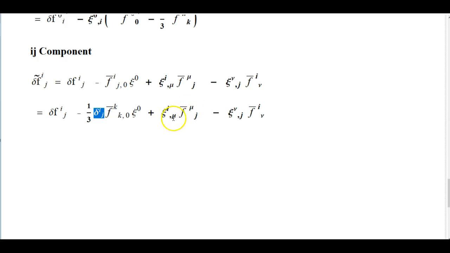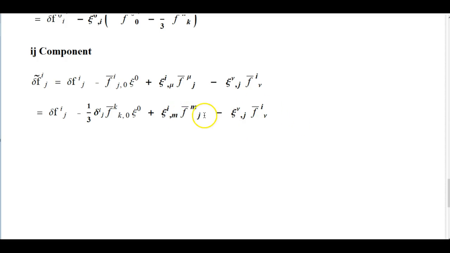Now coming to this part, f bar mu j. First thing is that when I contract on mu, the first term that comes out after contraction will be the 0, 0 component, and the 0, 0 component will vanish because f bar alpha beta is a diagonal matrix. So the 0 j component will vanish, and I am left with m, where m goes from 1 to 3. The 0 component is gone because f bar 0j is 0.